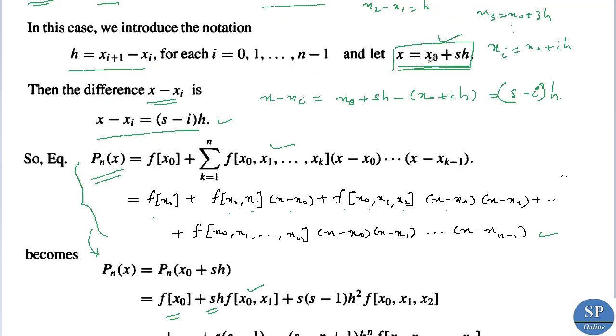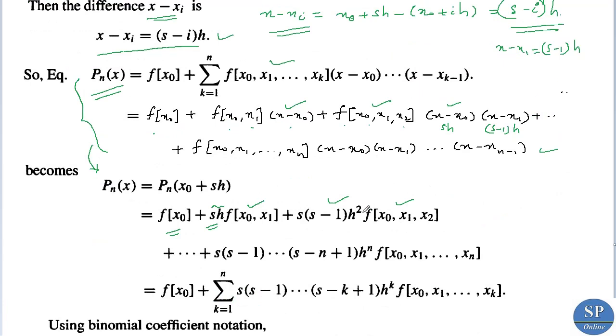So we can replace x minus x0 by s into h in f of x0, x1, x2 as well. Now x minus x1 can be replaced by (s minus 1) into h, because we have x minus xi is equal to (s minus i) into h. So x minus x1 is equal to (s minus 1) into h. So we have s into (s minus 1) into h squared into f of x0, x1, x2.